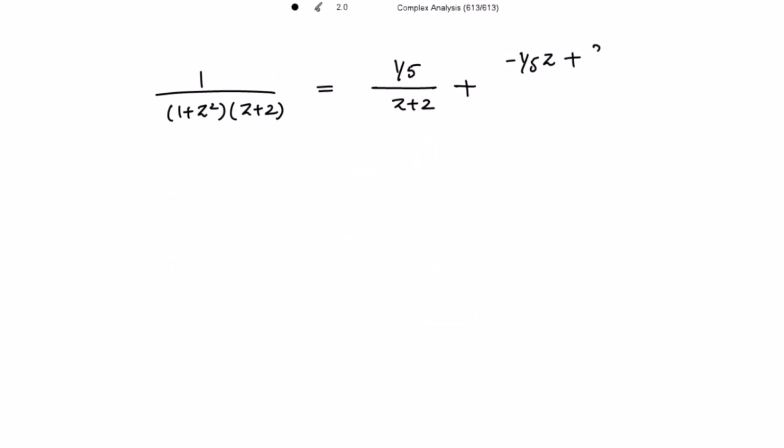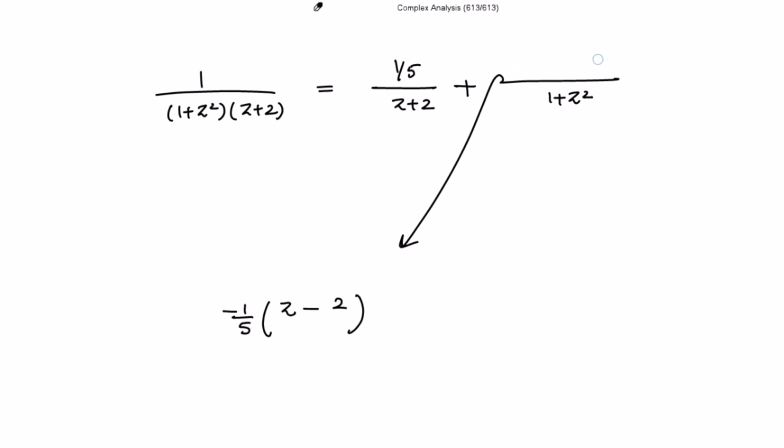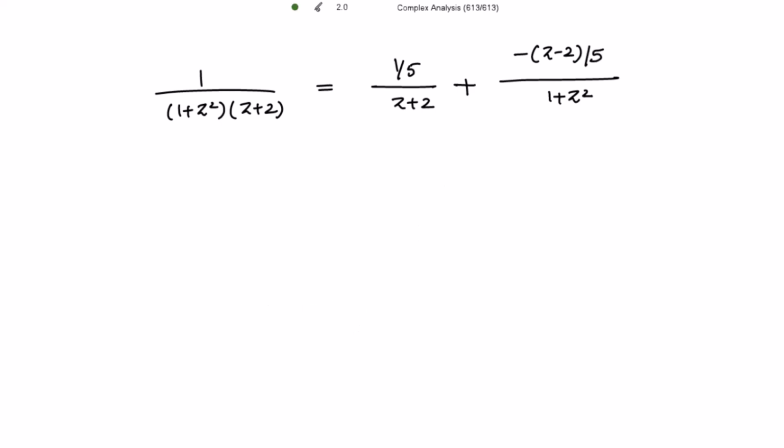So plus 2 divided by 5, and in the denominator we have 1 plus z square. In the numerator, if I take minus 1 divided by 5 common, I will be getting z minus 2. So writing the numerator as negative of z minus 2 divided by 5. So this is the partial fractions for this left hand side.